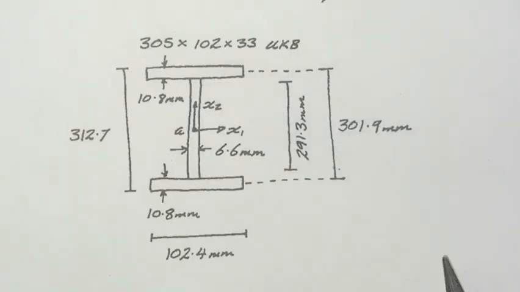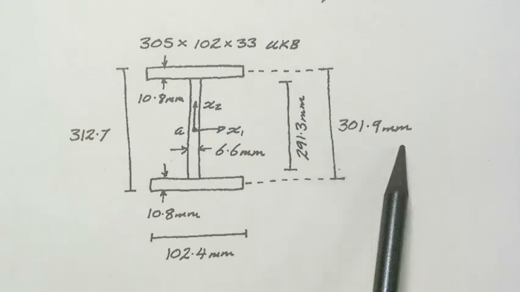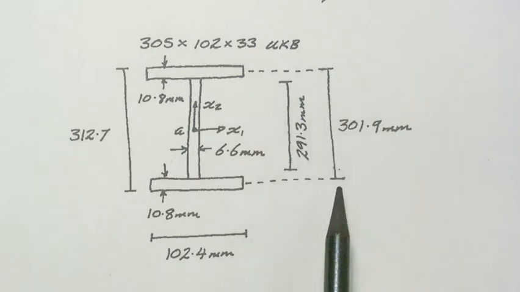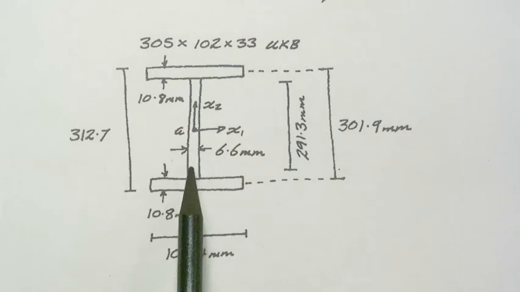I've taken the dimensions from the section tables and worked out the centerline distance between the two flanges here, and we know that the centerline of the web is just going to be along the X2 axis.